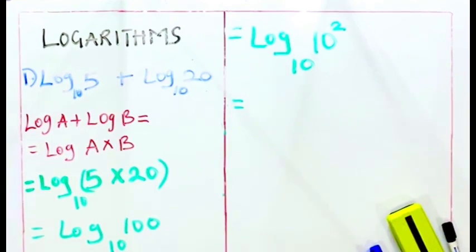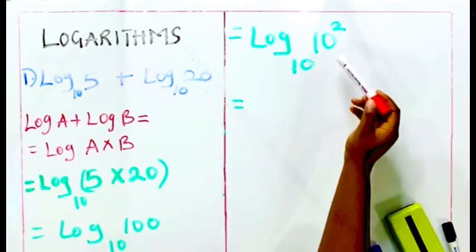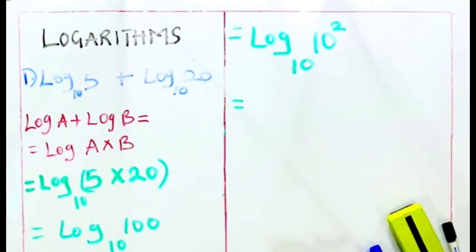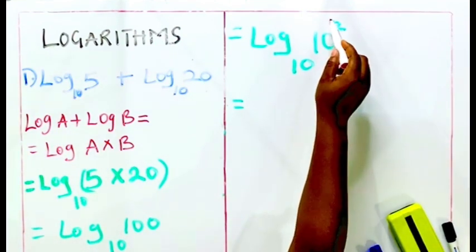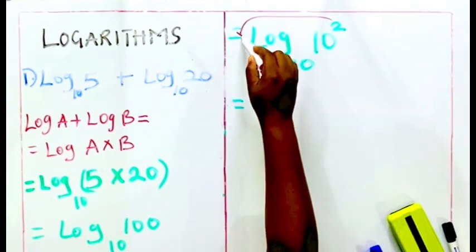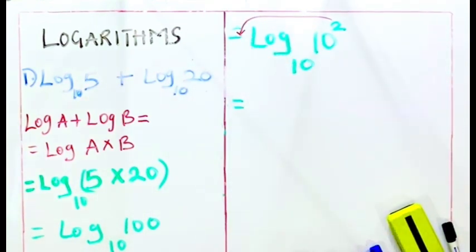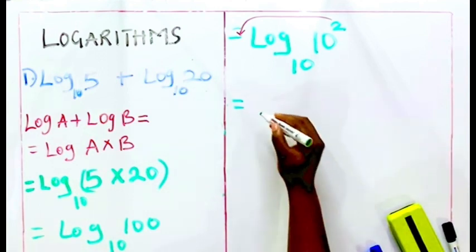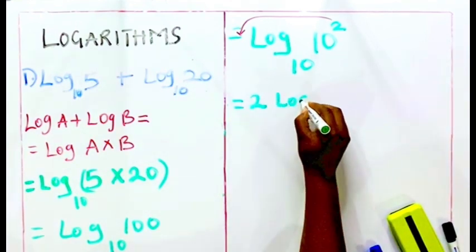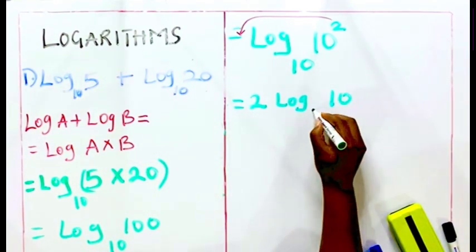According to the laws of log, when you have an index up here, this moves towards the left, and you rewrite this as 2 log 10 to base 10.